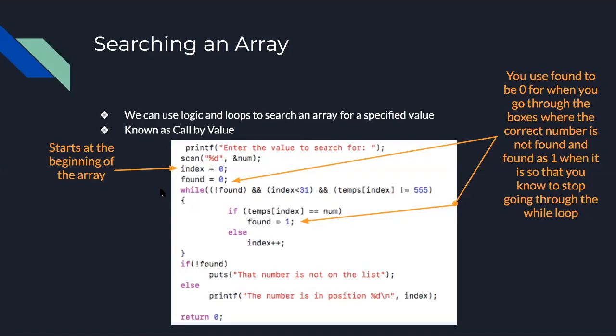Once you exit the while loop in whichever format, either the conditions aren't met or you found the number you were looking for, you go into the if else. You would print out that the number is not on the list if you can't find the number and found is still 0. Or if found is 1 and you found the number, you would tell the user where the number was and the address it was located at.